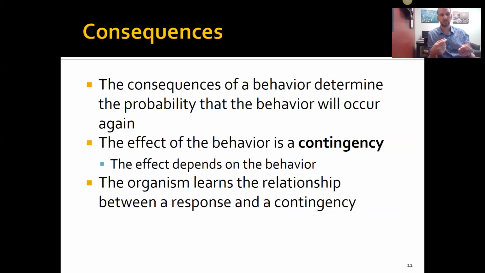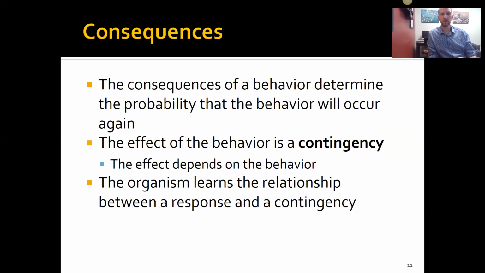Operant conditioning is a little bit different. You need things to be presented. There needs to be a closeness in time, but it's not about the preceding stimuli, right? That's classical conditioning, where you have stimuli and then the response. Instead, in operant conditioning, you have the response and then a consequence. So the consequences determine the probability that the behavior will occur again.